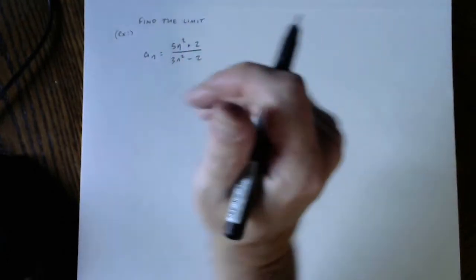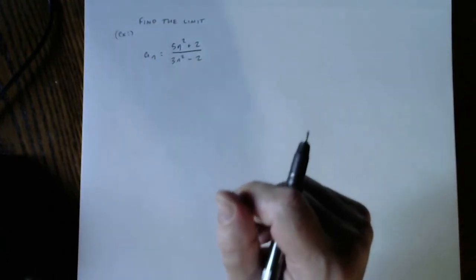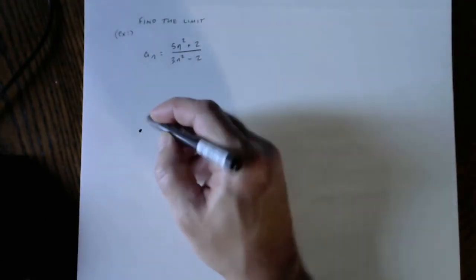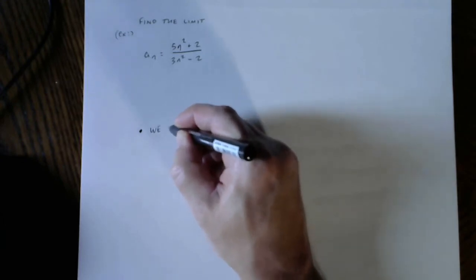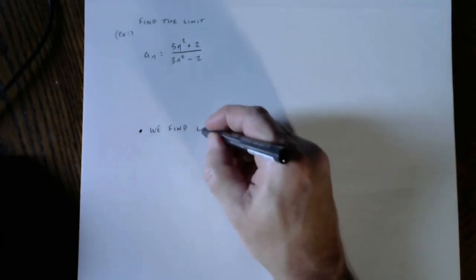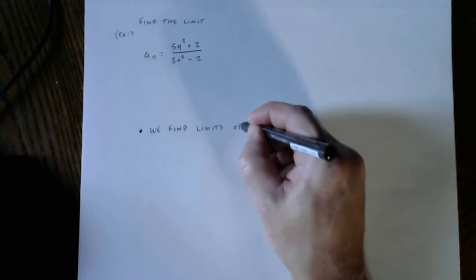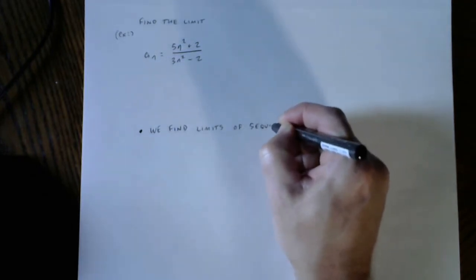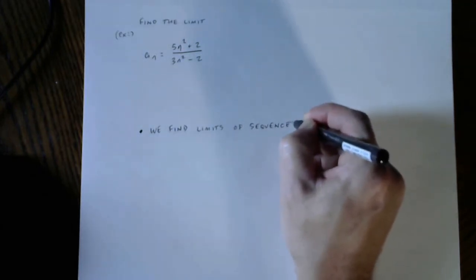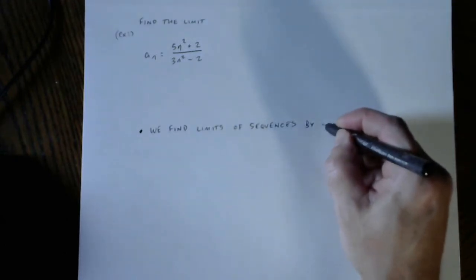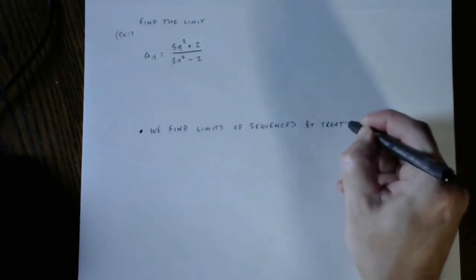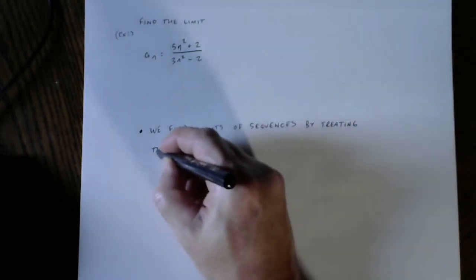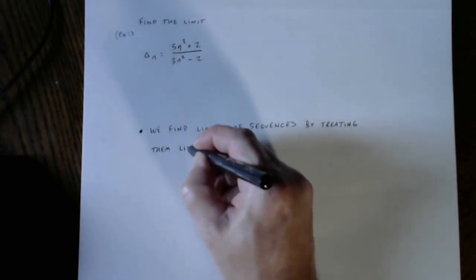Okay, so here's what you don't do. You don't go back to this idea. You don't list the first 60 terms and try to figure it out. The good news is this. We find limits of sequences by treating them like functions.